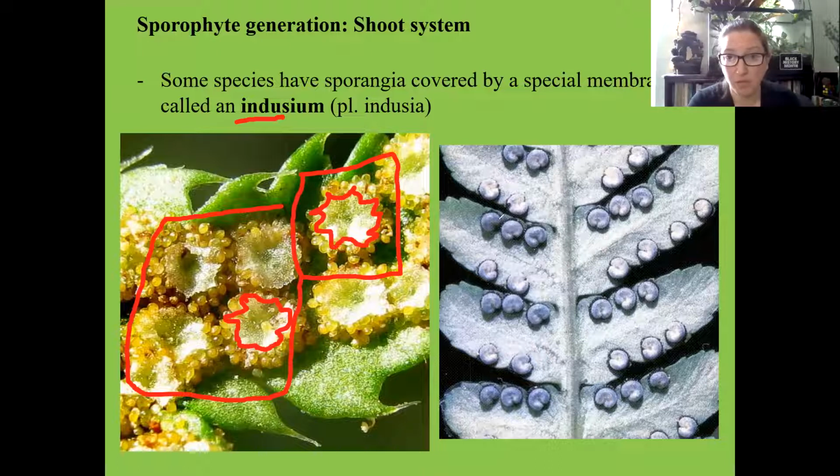On the picture on the right, look, here's 5 sori, and each of these sori almost looks like a hamburger bun type of indusium. So this little thing is like a little membrane flap that protects the sporangia. So the sporangia are underneath that.